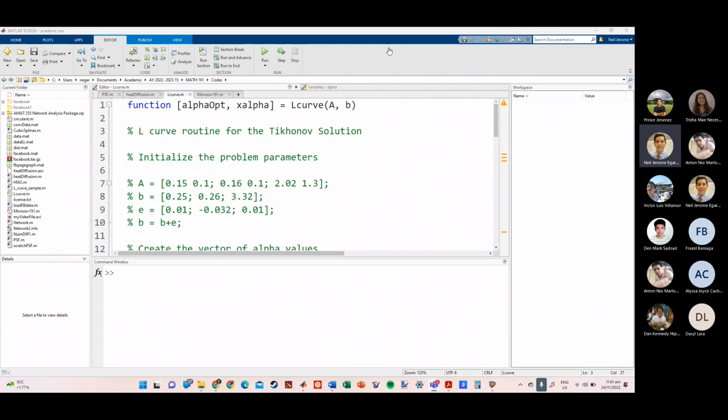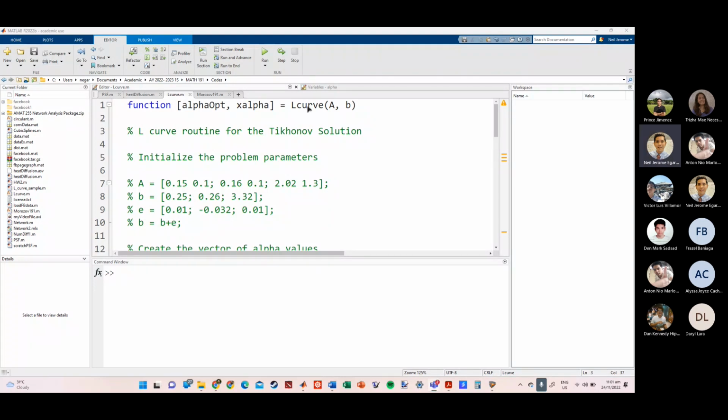Tapos, independent to. Kasi external function nga siya or external program nga siya. Ang variables na ginagamit dito sa subprogram na to, ay hindi nakaka-apekto dun sa variables na nandun sa main program. Alright? So you can think of it as a function talaga. So it's a function called lcurve.